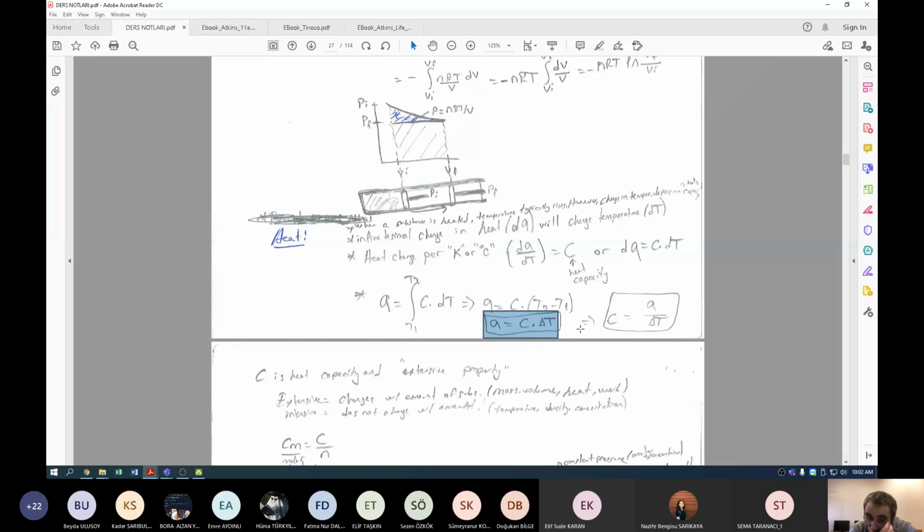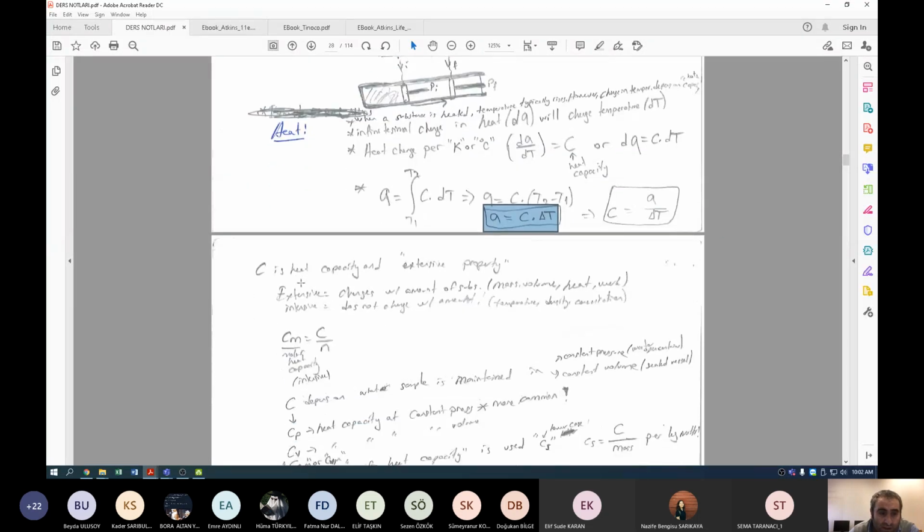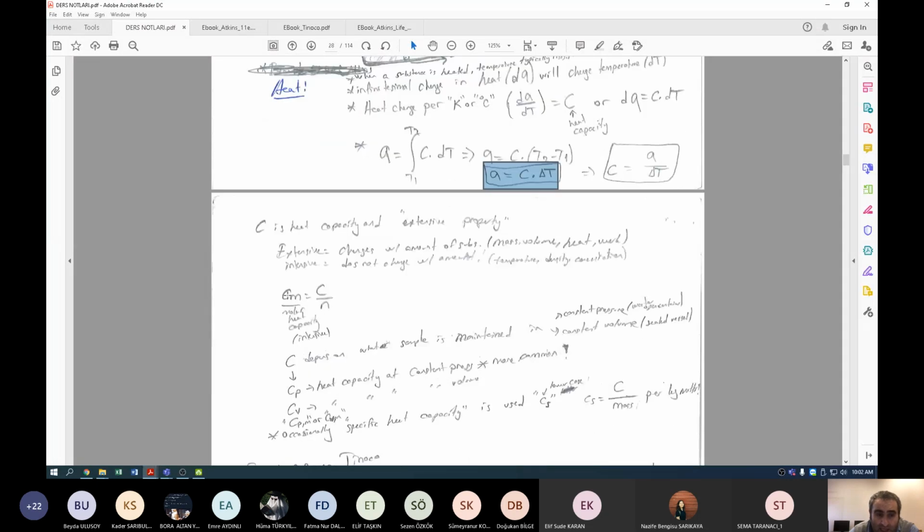When we are talking about 1 mole, we can also use little m over here to show this is a molar unit. So here C is the heat capacity, an extensive property. Cm is C over n, which is the molar heat capacity, which now is an intensive quantity.